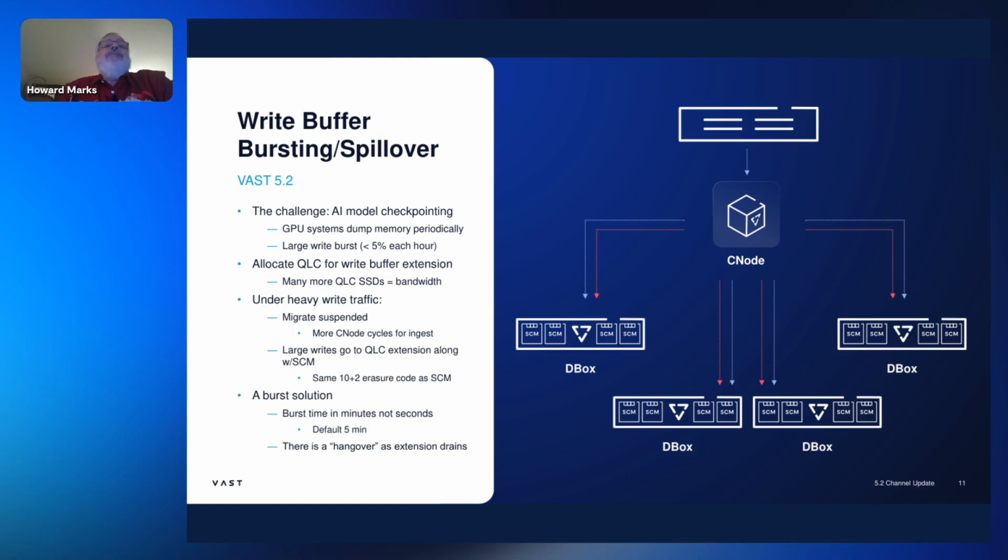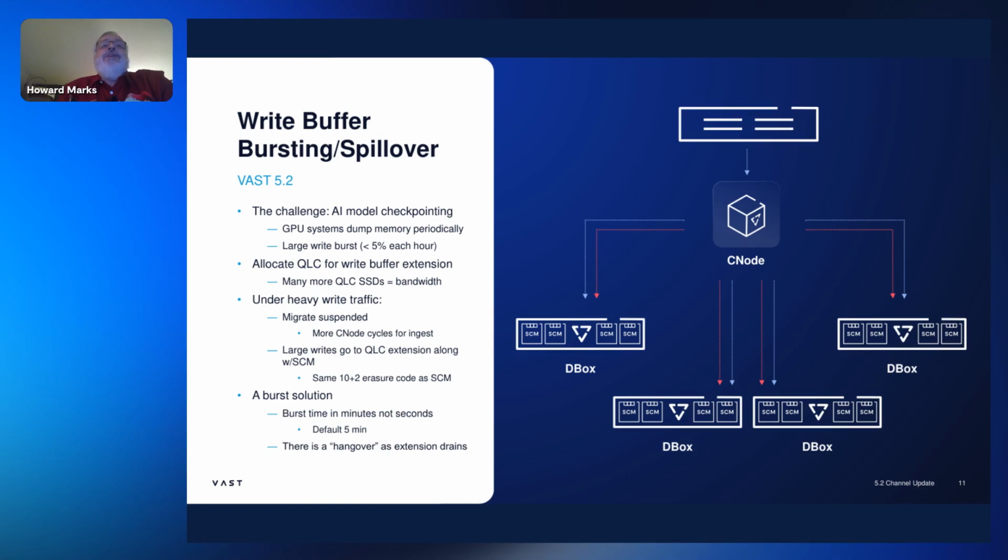What we've done is allow those large periods of large IOs to not only use the SCM as a write buffer, but also to use some of the QLC capacity in the cluster.